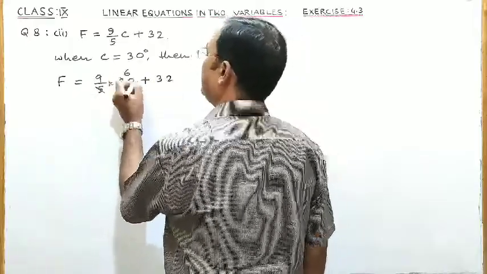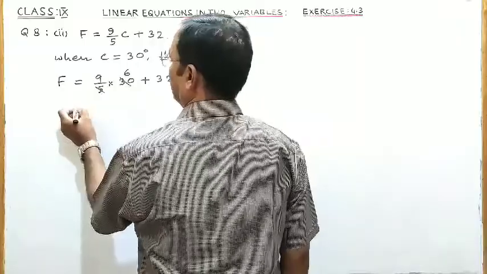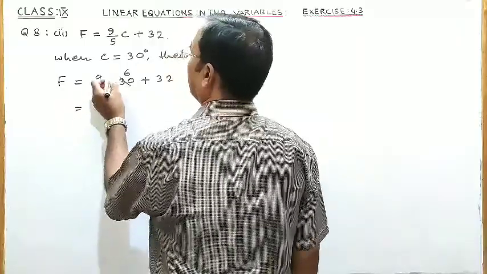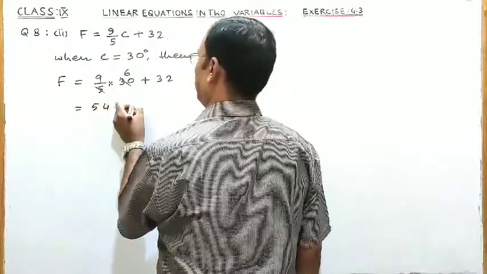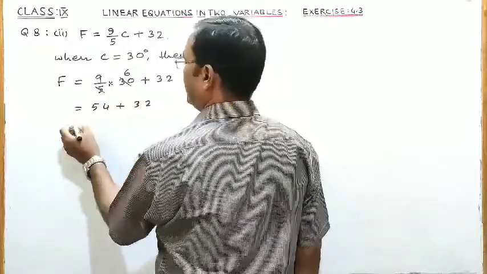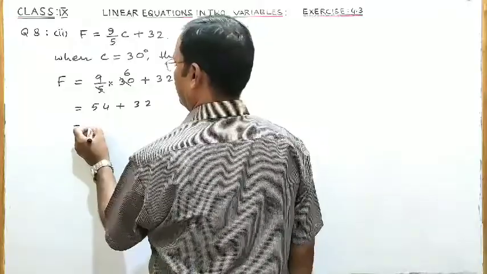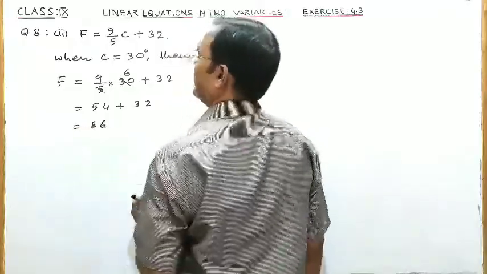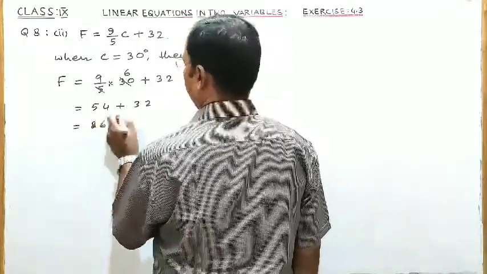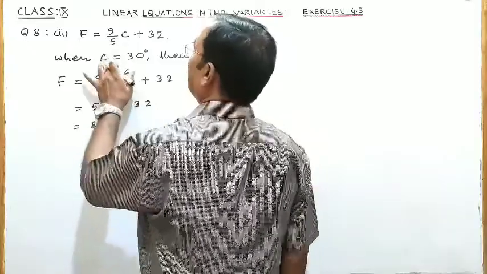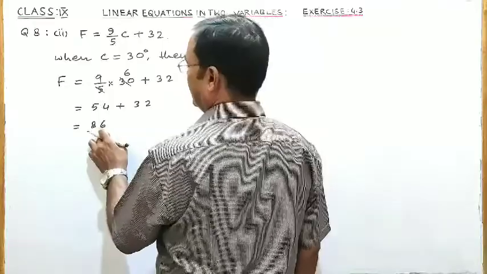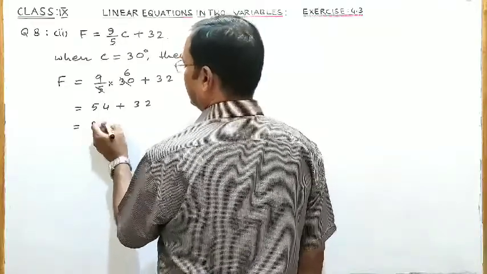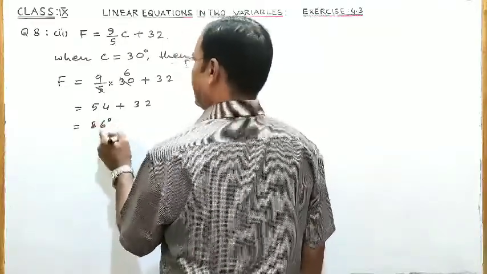5 6 times 30 is cancelled, 9 6 ja 54 plus 32, so 86. So when temperature in Celsius scale is 30 degree, then temperature in Fahrenheit scale is 86 degree.